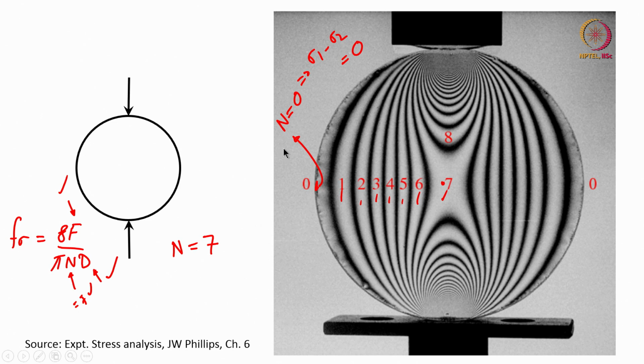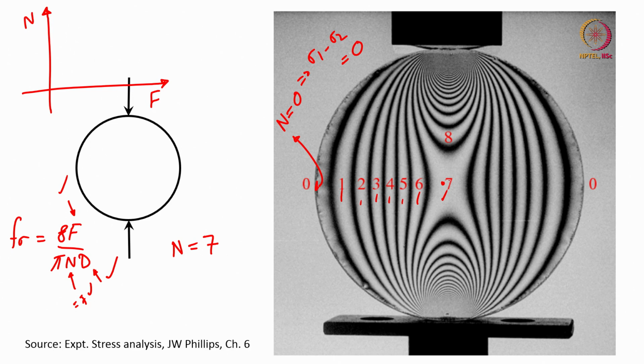Now, if you have any other situation, you can go back and use this value of f sigma. The most common way of doing this calibration, in a practical sense, is to plot the fringe order n as a function of load, or load as a function of fringe order. So, your F is on the x axis and your fringe order is on the y axis. You increase the load from 0, keep going up, and then you see which fringe is right in the middle.